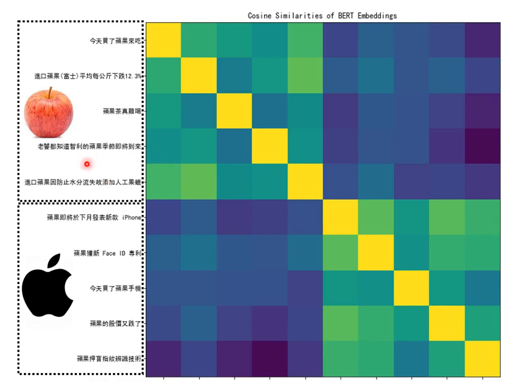The first 5 apple have a relatively high degree of similarity between each other. The last 5 apple also have a higher similarity within them. But the similarity between the first 5 apple and the last 5 apple is relatively low. BERT knows that the first 5 apple refer to edible apples, so they are closer. The last 5 apple refer to the Apple Incorporation, so they are closer. In contrast, upper and lower piles of apple are different in meaning.